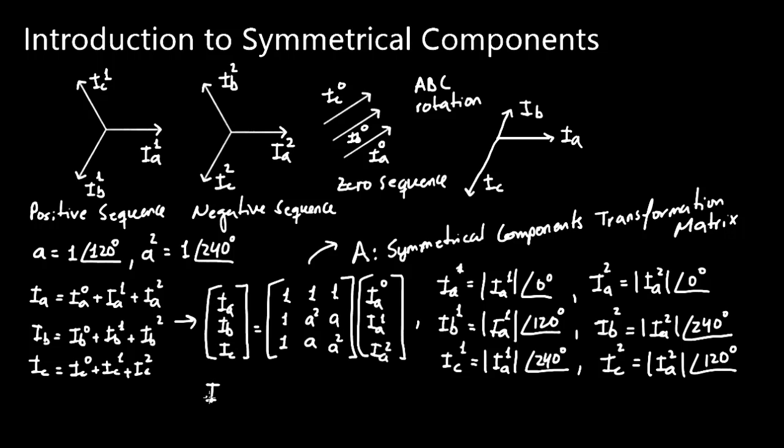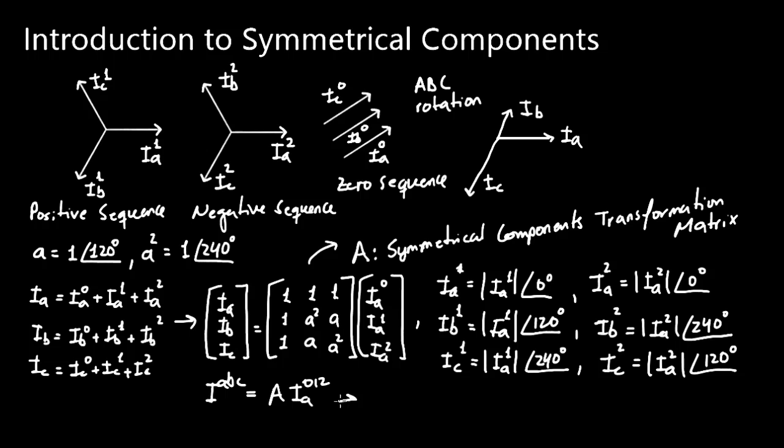So I'm going to call that I subscript ABC for the phase currents. It is going to be equal to this matrix, the symmetrical components transformation matrix, times the sequence components. And I'm going to abbreviate that I sub A 0, 1, 2.